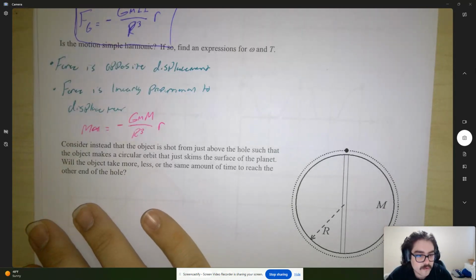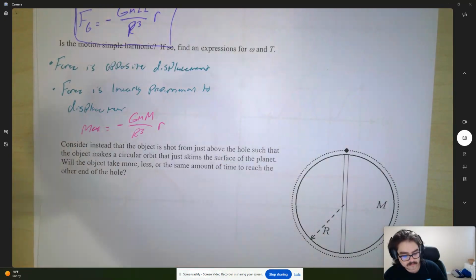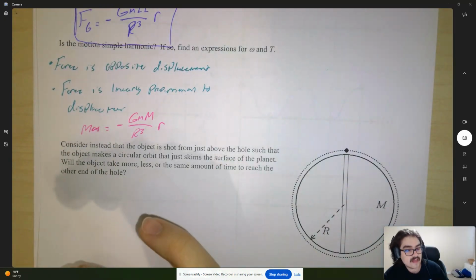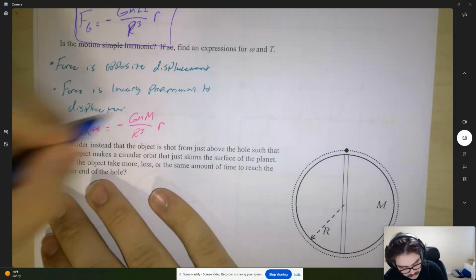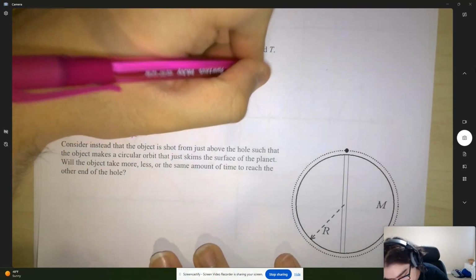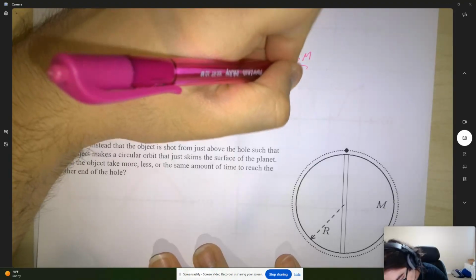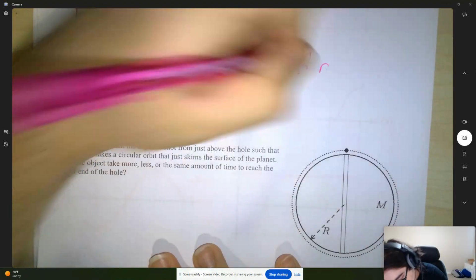If I cancel out my m's, this becomes the simple harmonic motion differential equation. So a equals negative G M over r cubed times the distance r.